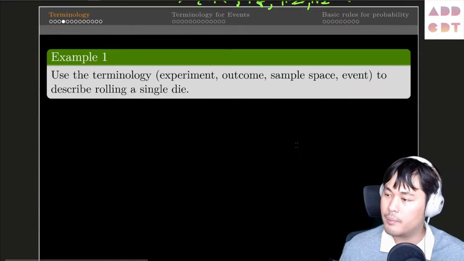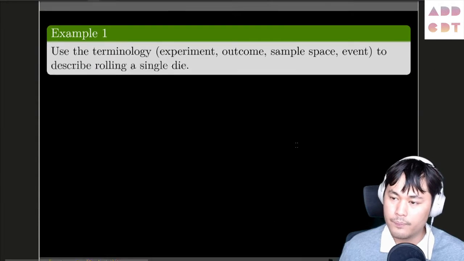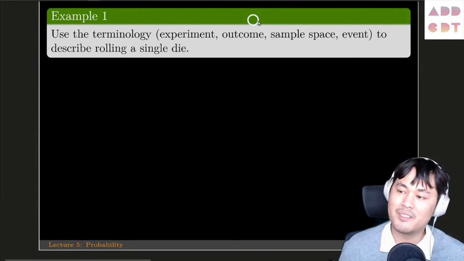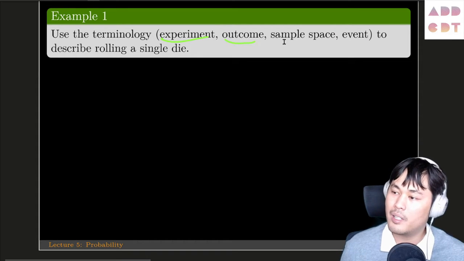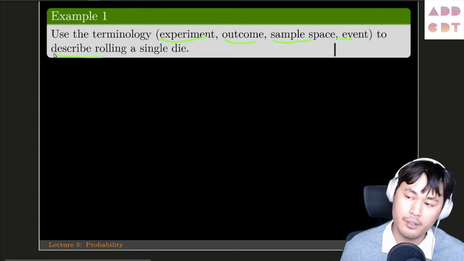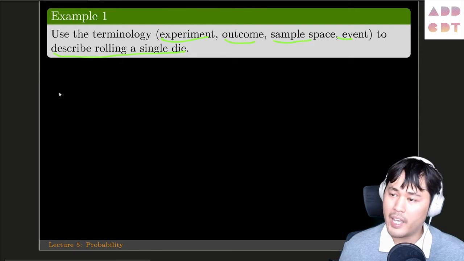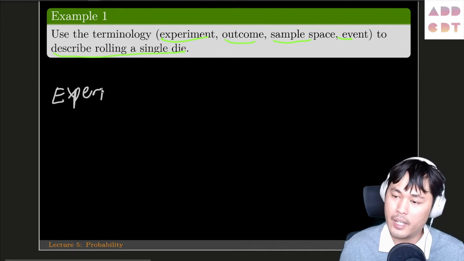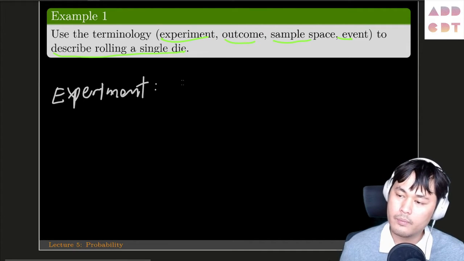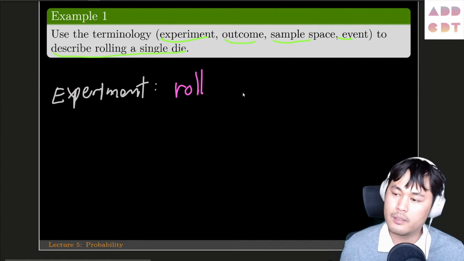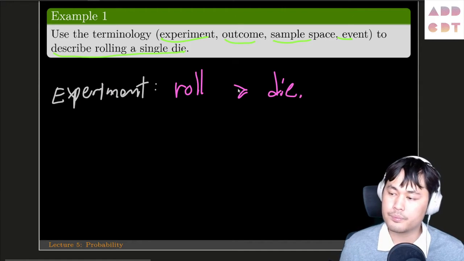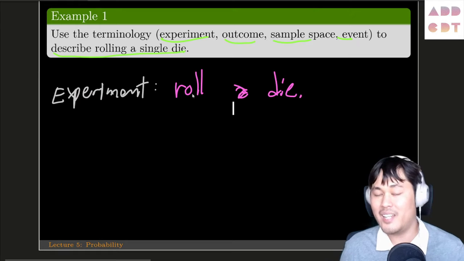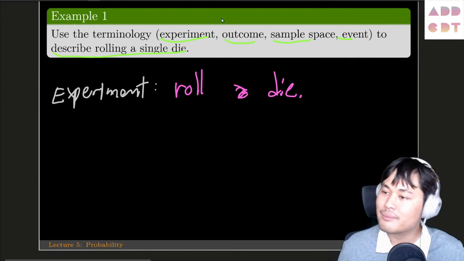And so for example here, I actually did that. Use these terminologies to describe rolling a single die. So what is an experiment here? It is of course just you roll a die. That's it. It is clear enough here.